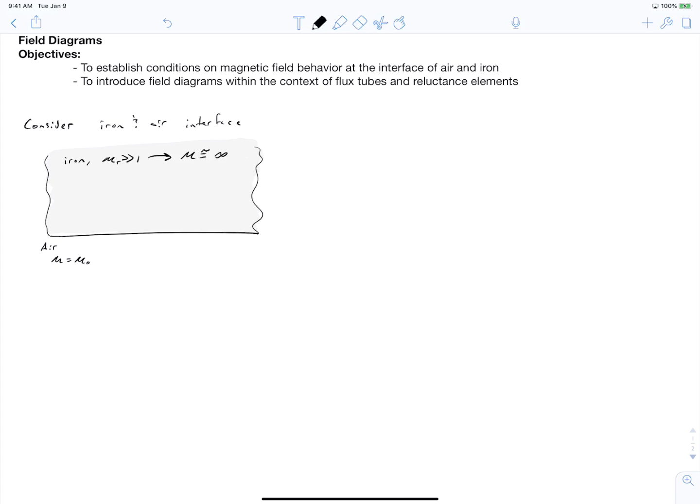We've previously talked about this meaning that our H field in our iron is equal to 0. So if our iron permeability is infinite, our H field is approximately 0. What we're going to do is evaluate Ampere's law along the interface of our air region and our iron region in order to establish conditions on H and B. We're going to pick an Amperian loop very deliberately, like this.